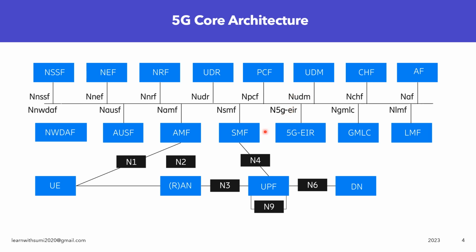It is simply a capital N followed by the network function name: NGMLC, NLMF, NAF, NCHF, NUDM, NPCF. All these interfaces are named by a capital N followed by the network function name.